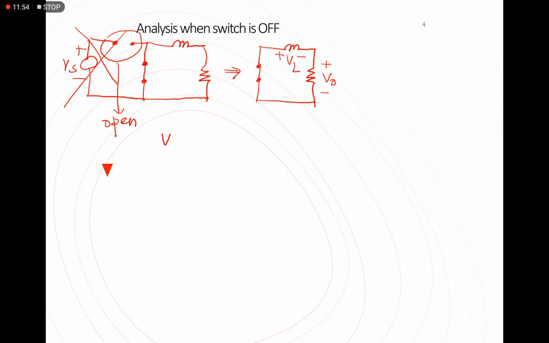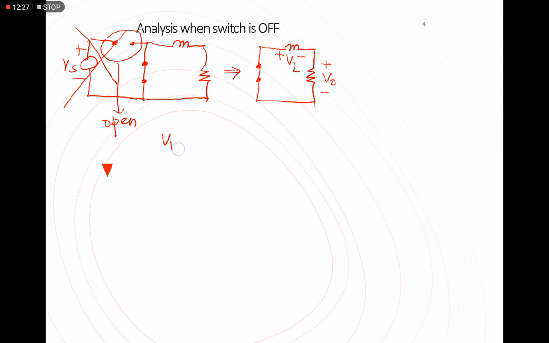Then we need to perform the analysis in finding the voltage and the current for when the switch is off. We start similar to what we did during the analysis when the switch is on.